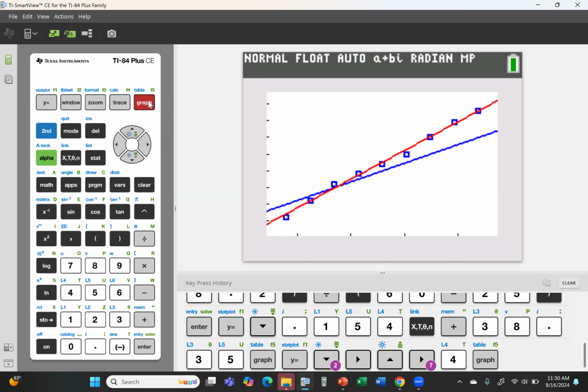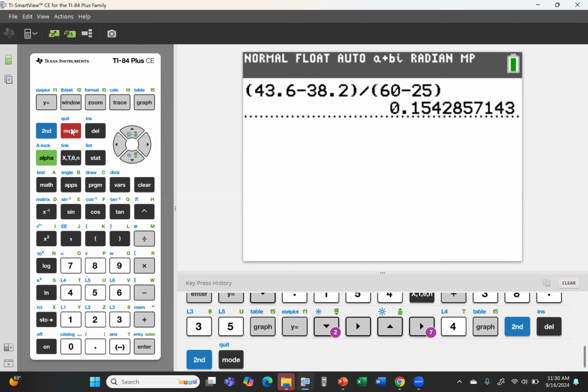Can your calculator do this? And the answer is yes. And aren't you glad you're here today? Because I'm going to tell you how to do it. I'm going to get out of my graph. Oops, I'm going to quit. And then I'm going to actually graph that line in Y3.